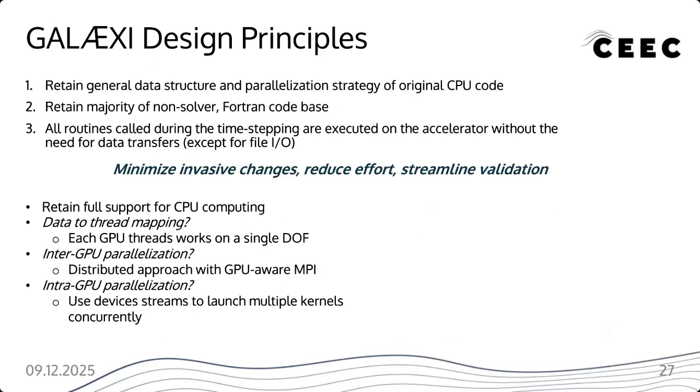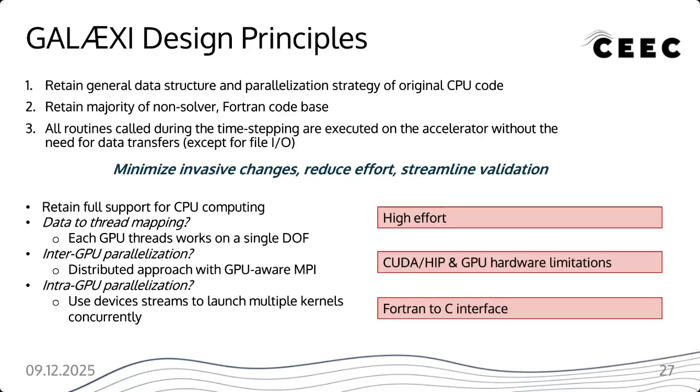I'm not going to go into depth on that, but basically we kept it the same. We also decided to use those streams that I talked about, because the way the DGSEM numerical method works, we can do a lot of things concurrently, which means we can layer this compute, and I showed an example of that with a profile earlier.